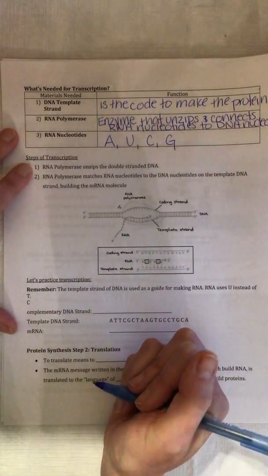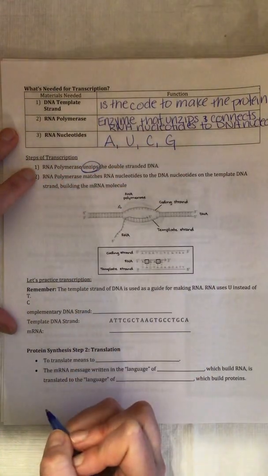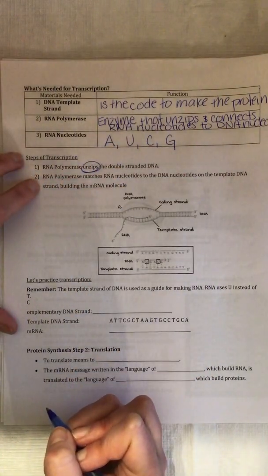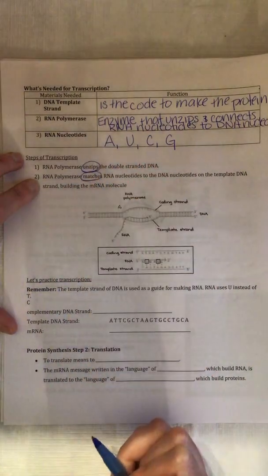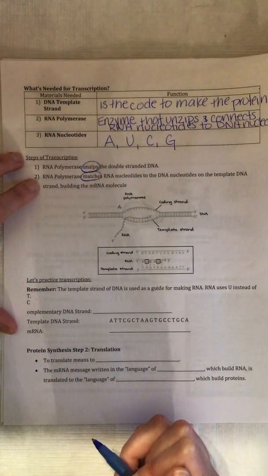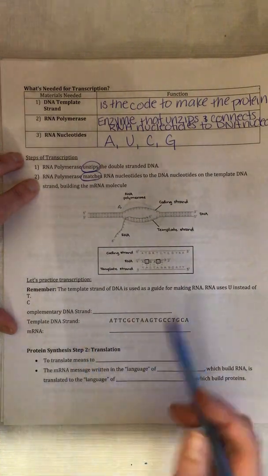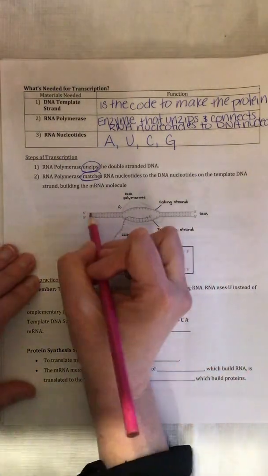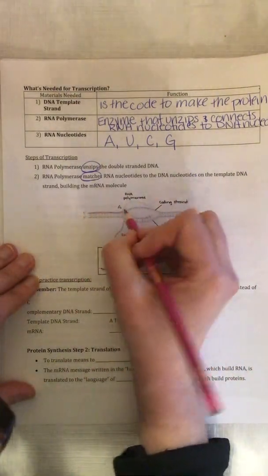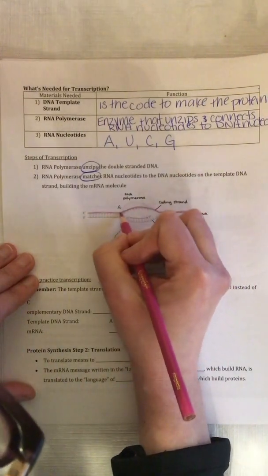So step 1, RNA polymerase unzips the double-stranded DNA. Step 2, RNA polymerase matches the RNA nucleotides to the DNA nucleotides on the template DNA strand, building that mRNA molecule. So if I go back and I use the colors that I had before, here's my one strand of DNA.